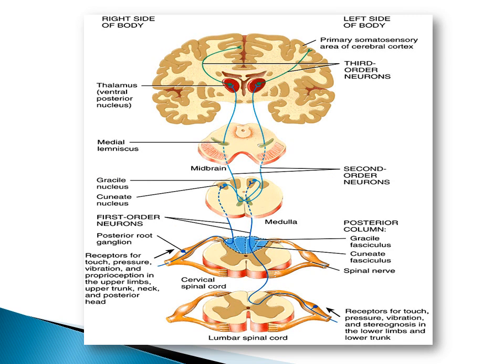In other parts of the body, receptors for touch, pressure, vibration in the lower limbs and trunk ascend in the posterior columns in the fasciculus gracilis, and then similarly in the fasciculus cuneatus, the same information from the upper limbs, upper trunk, neck, and some parts of the head.